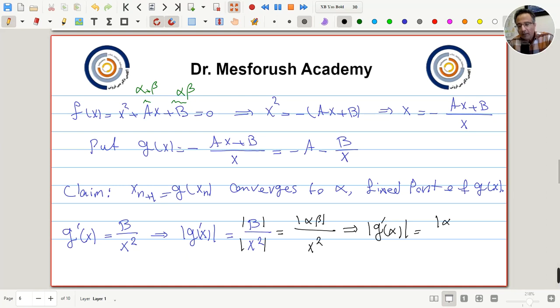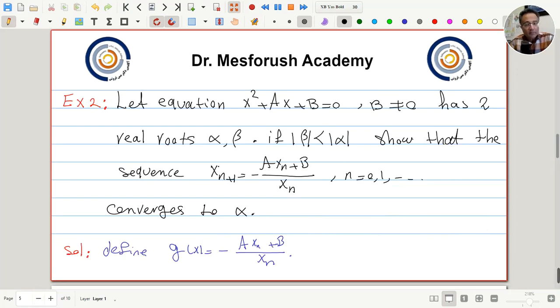Now, compute absolute value of g prime alpha. It will be alpha beta over alpha squared, and it will be beta over alpha. And by the assumption, we will have absolute value of beta less than absolute value of alpha.